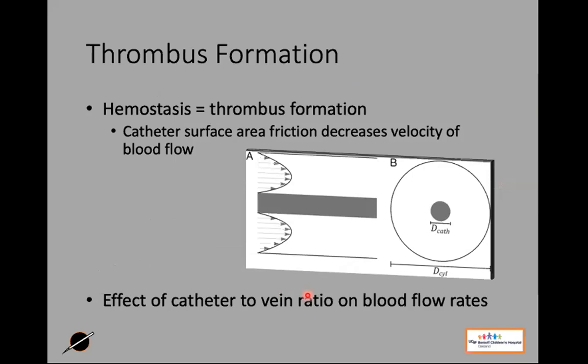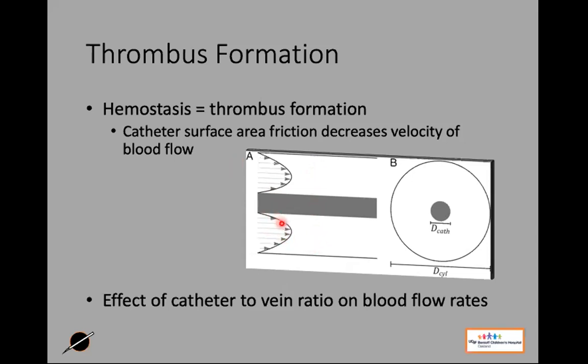But it's something to think about because the larger our catheter, the more we're going to change the blood flow dynamics inside the vessel. In this image here, B, we've got the diameter of our blood vessel, and then the diameter of our catheter. And in A, we've got our catheter in the center, and then our top and lower wall of the blood vessel.